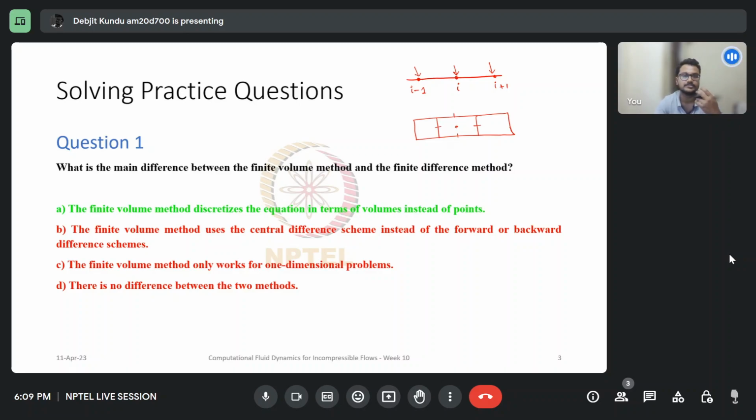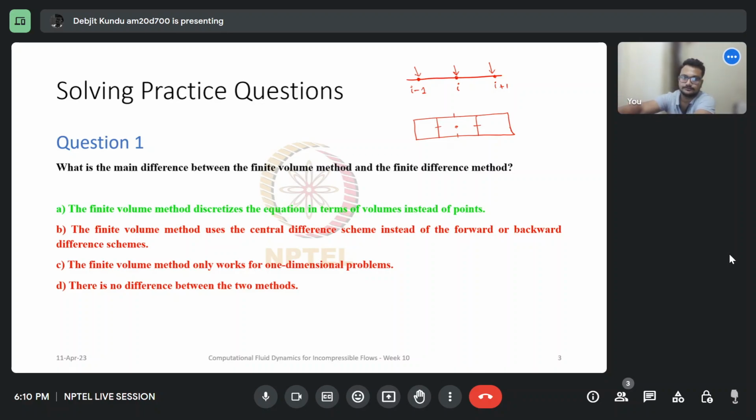It could be temperature. It could be the concentration of some species. All of these quantities are inherently conserved by the philosophy of the finite volume method, which is not implicitly done in the finite difference method. There you have to make sure that you are solving the correct conservation equations. Okay.